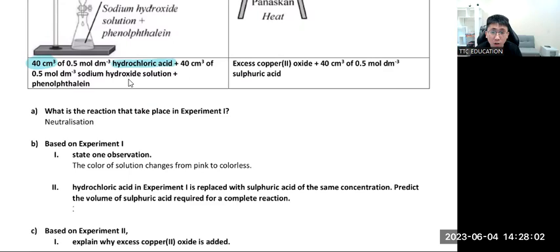If you change to sulfuric acid, do you need more sulfuric acid or less to neutralize the same amount of sodium hydroxide? Think about it.